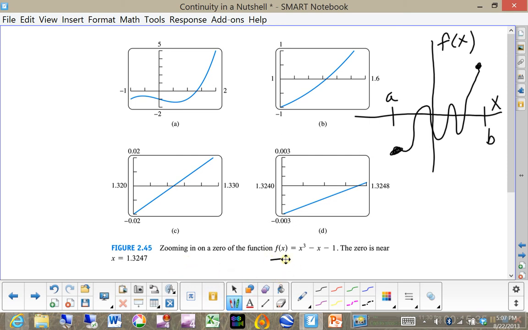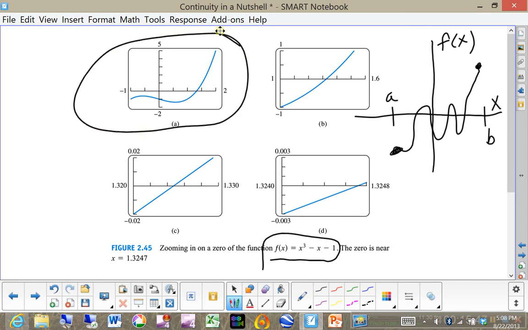Now, if you take, for example, a function f of x equal x cubed minus x minus 1, and you plotted it, you would get a plot like this. In fact, you could put it in your calculator. If you see that the value of the function is below 0 at one point and above 0 at another point, you know that somewhere between here and here there has to be a 0.